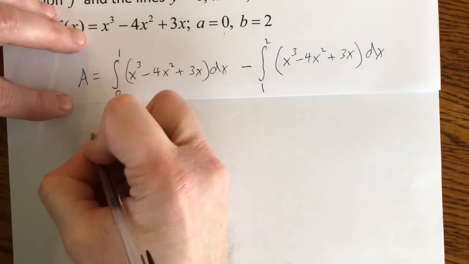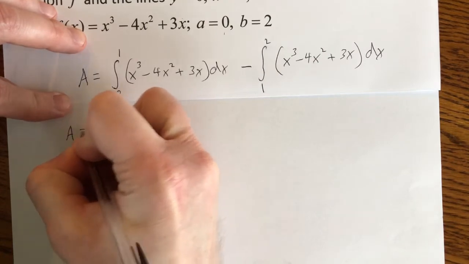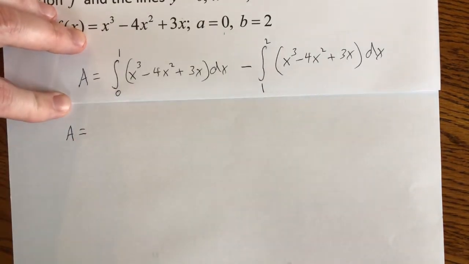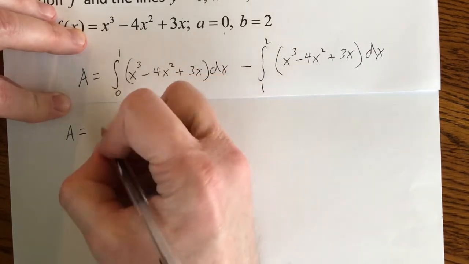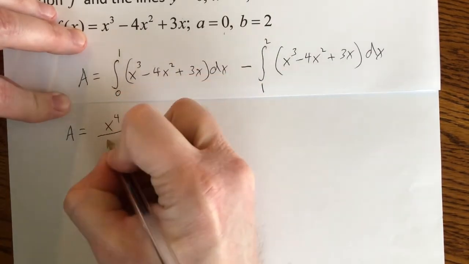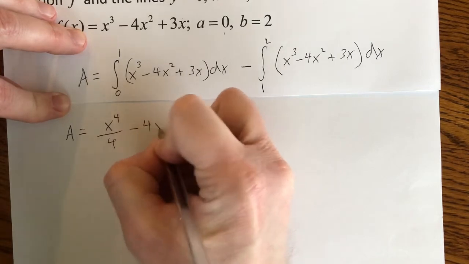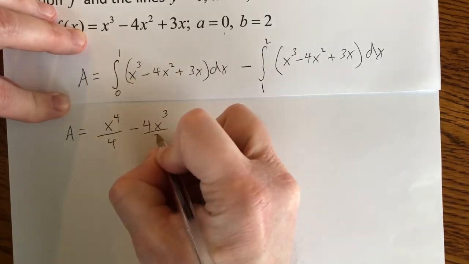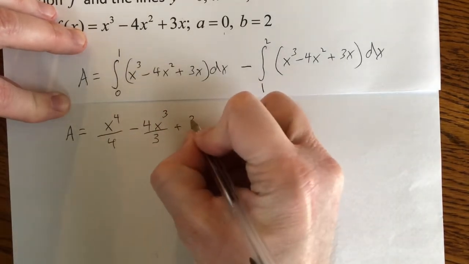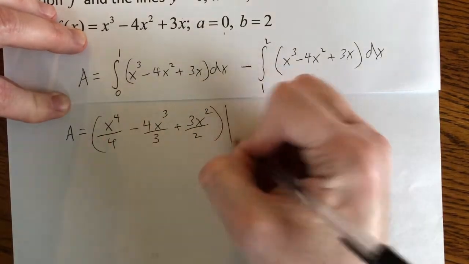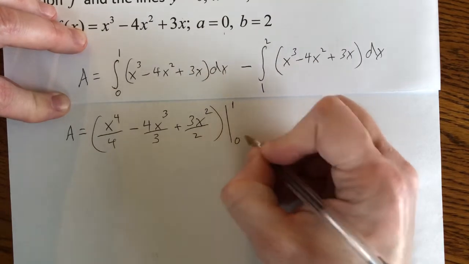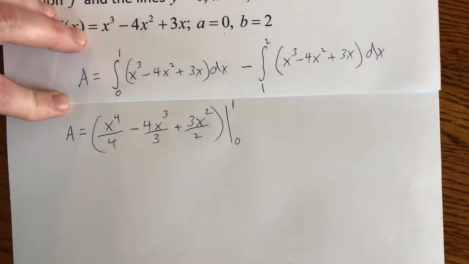Here we go. Area then is going to be what? Let's come up with the value of this integral first, and that would be x to the 4th over 4 minus 4x cubed over 3 plus 3x squared over 2. We're going to evaluate this from 0 to 1.